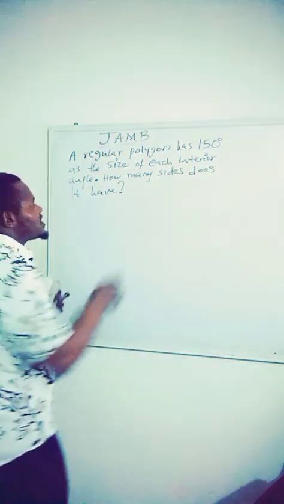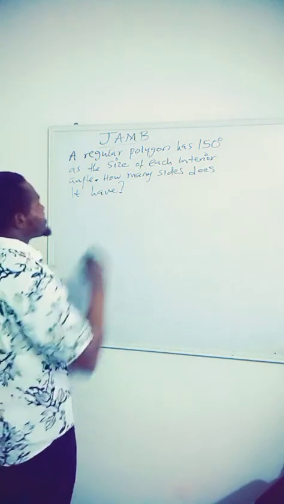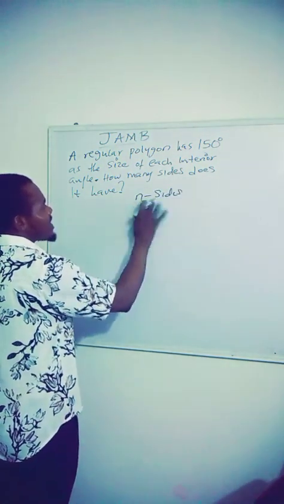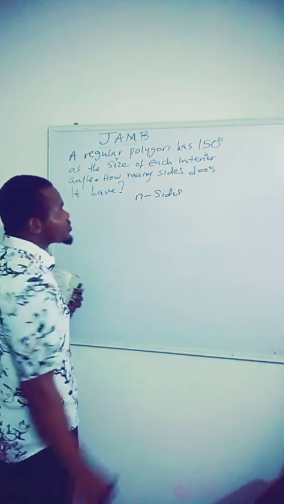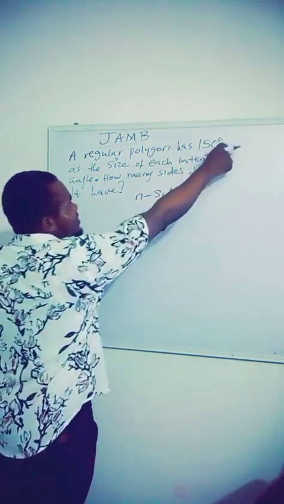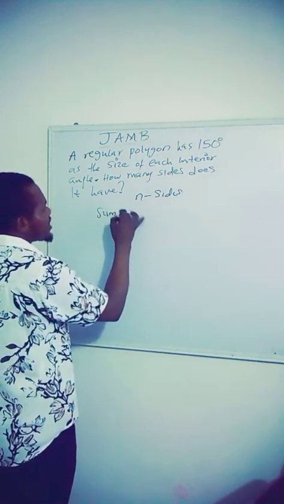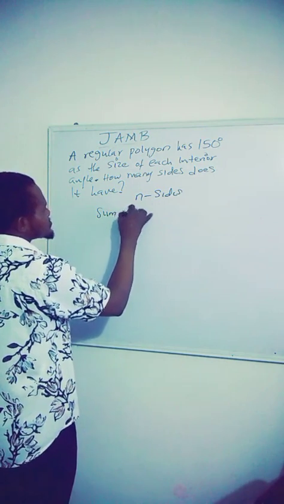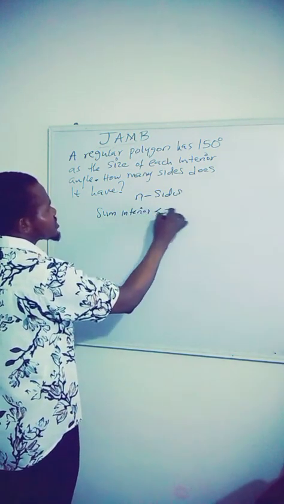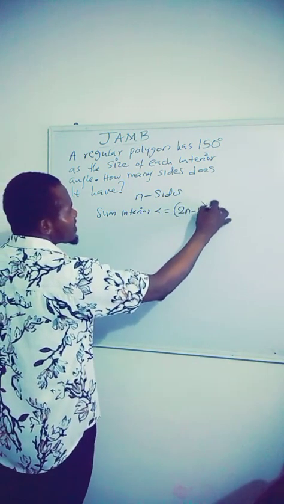Now remember, if we don't know how many, so if you're having n sides of the polygon, it means that the total, the sum of interior angles, is equal to (2n minus 4) times 90.